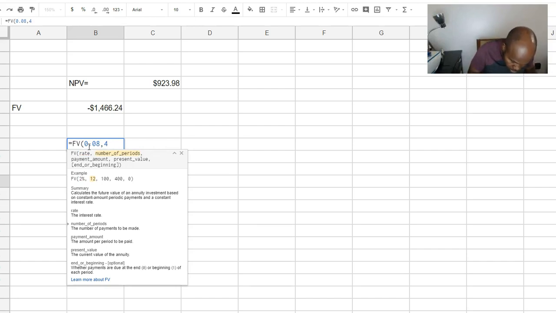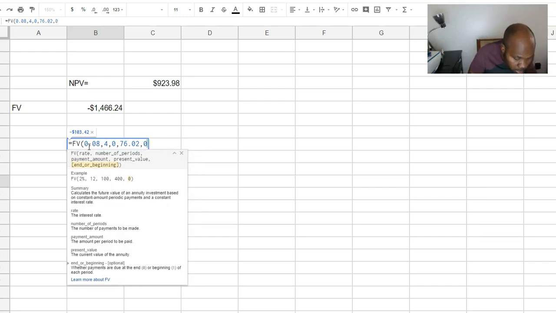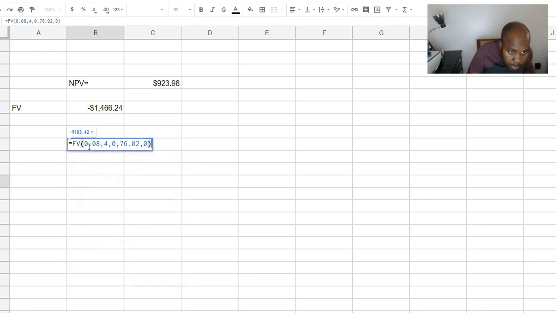Payment, there is no periodic payment, this is not an annuity, so I put 0. And then present value, which is 76.02, and end of period, which is 0. Then close my parentheses.